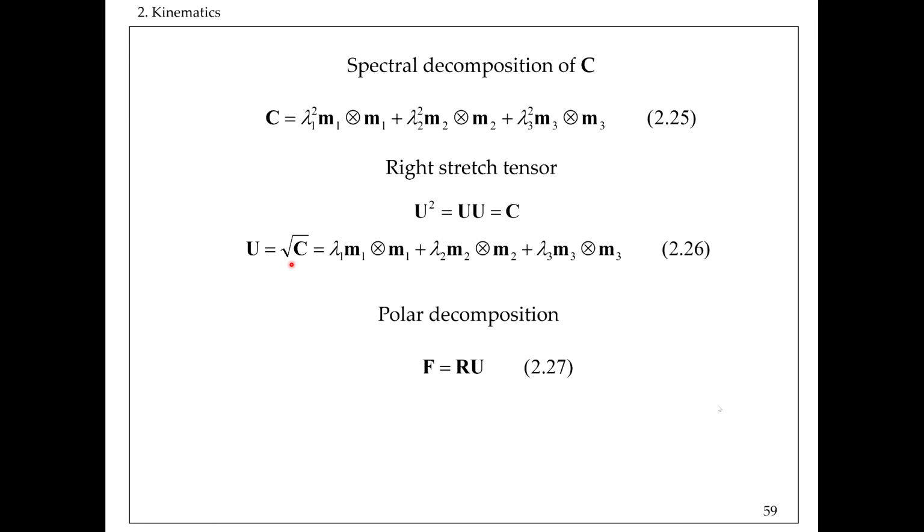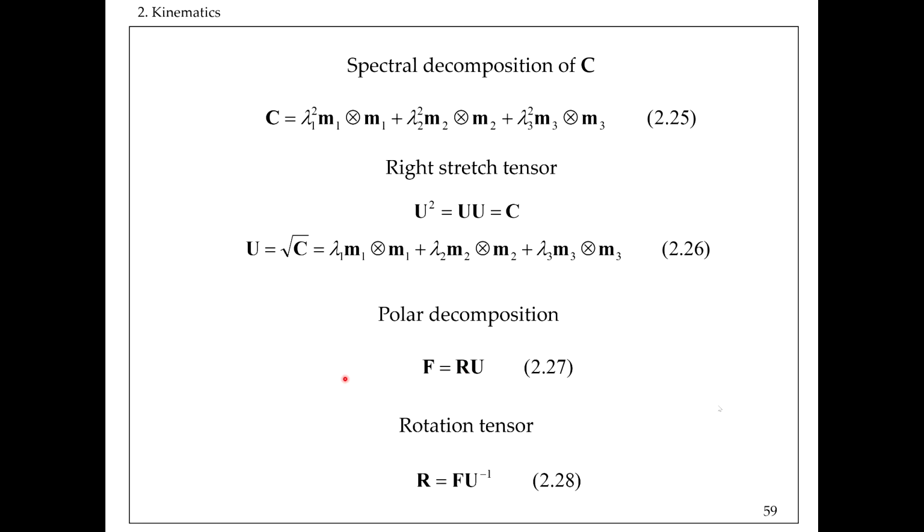So this information is contained in U, so we can say that any deformation gradient can be represented as a multiplication of that stretch tensor and something else that we are going to call the rotation tensor.